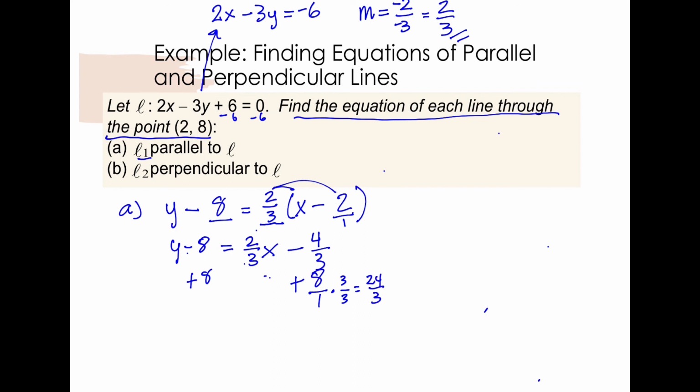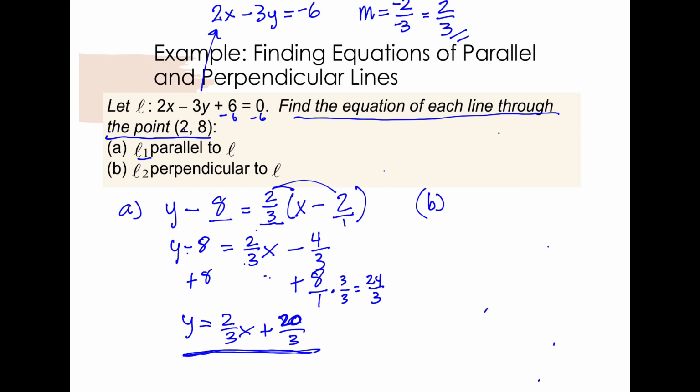So -4 plus 24 would give me positive 20, so y equals 2/3 x plus 20/3. And you can just leave it like that. It's a lot easier sometimes to work with improper fractions as opposed to mixed numbers, believe it or not. All right, so this would be the equation that is parallel to our line and passes through the point 2, 8.